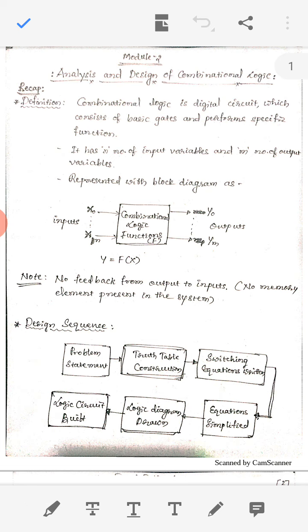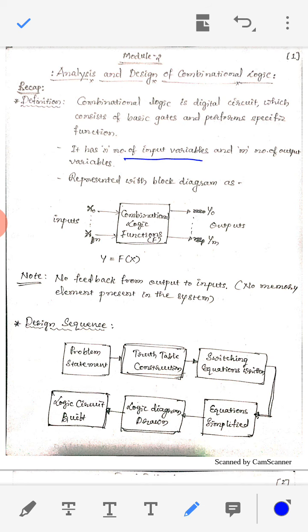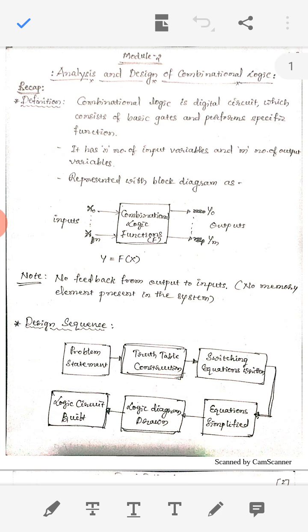Suppose there are n input variables and m output variables, as we see in the block diagram here. x0 to xn are the inputs and y0 to ym are the outputs. This we call a system.